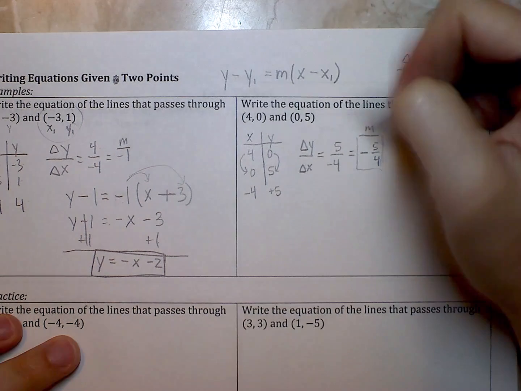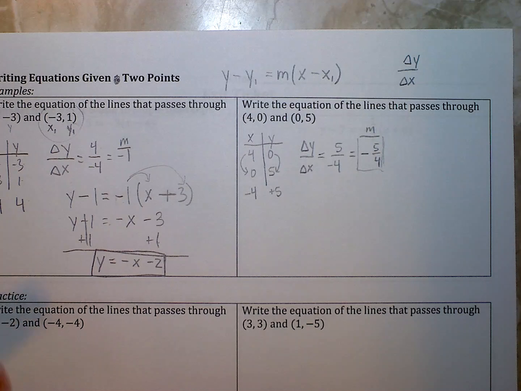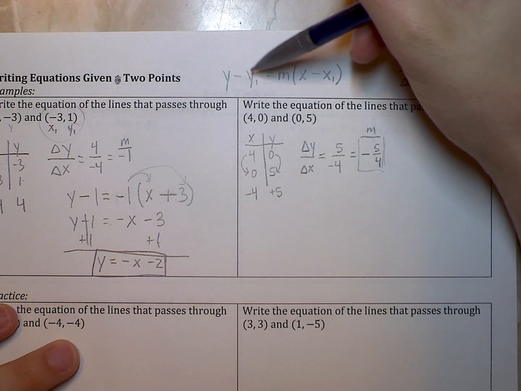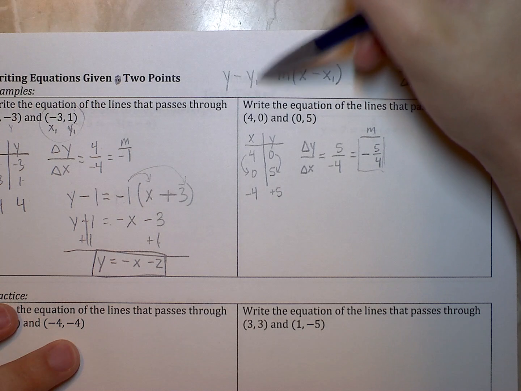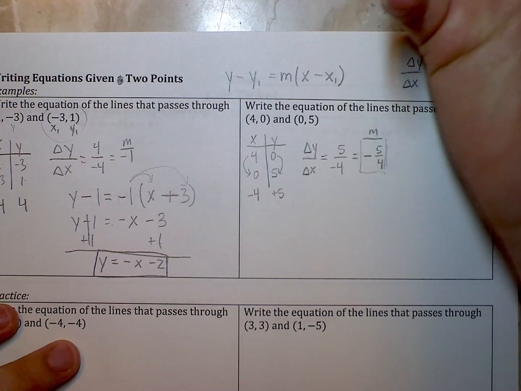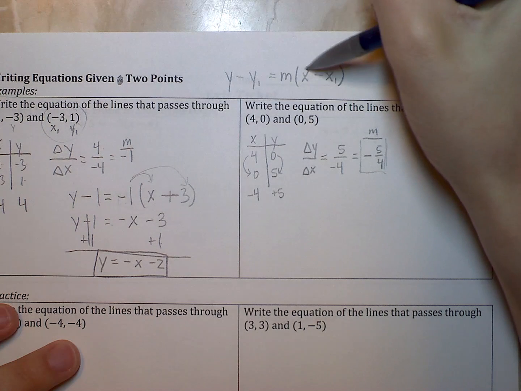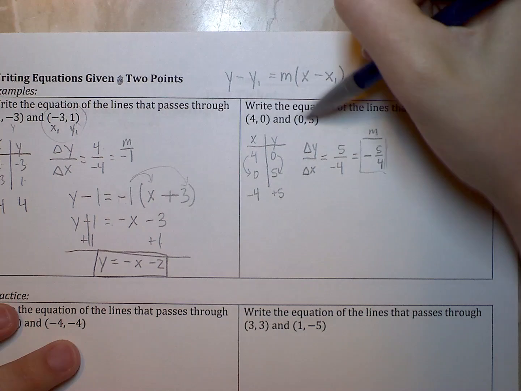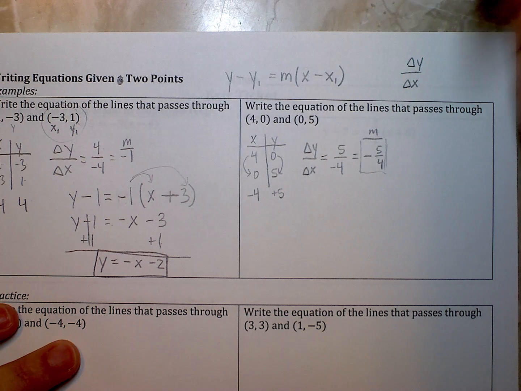And so now I'm going to pick one of these points. And here's the thing, I'm going to think ahead for a second. All that happens to this number is it just gets added or subtracted, whereas this number gets multiplied. So I can use either of these points. Either of them are totally fine, and you can feel free to pick a different one from me and try it.